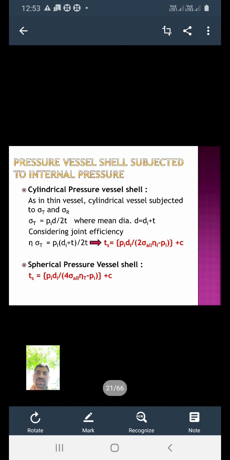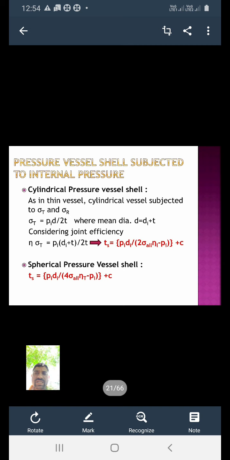Considering joint efficiency, here you should consider the joint efficiency. This efficiency is denoted by NL, the longitudinal joint efficiency. Then sigma T is equal to Pi into bracket D, that is Di plus T, put in that equation, divided by 2.